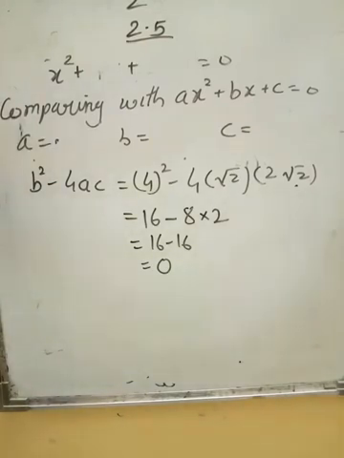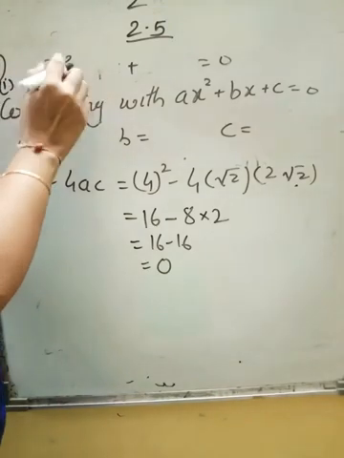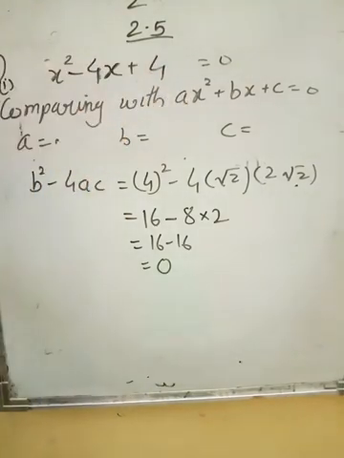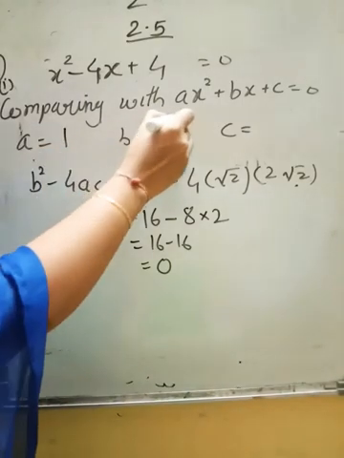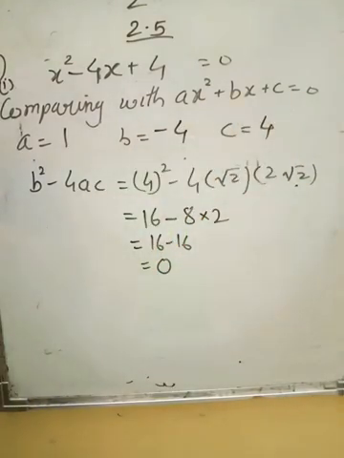So we are on question number 3 now. First one, we have x square minus 4x plus 4 equal to 0. So comparing with ax square plus bx plus c equal to 0, a will be 1, b will be minus 4 and c will be 4. Correct?